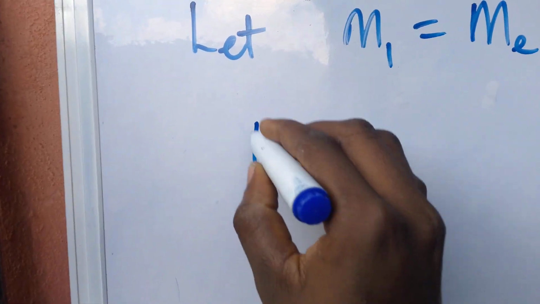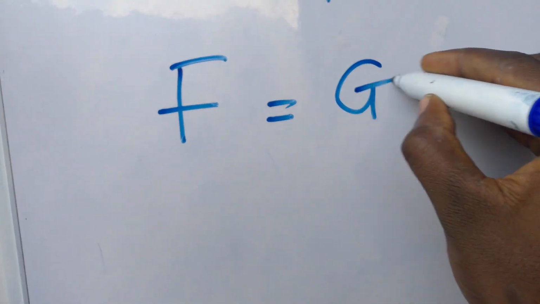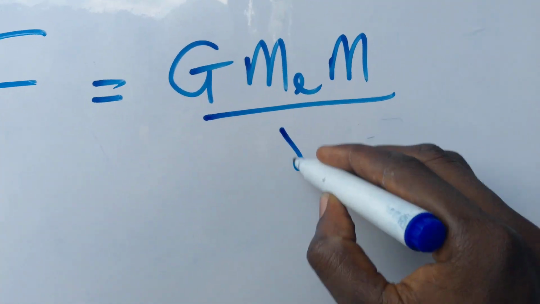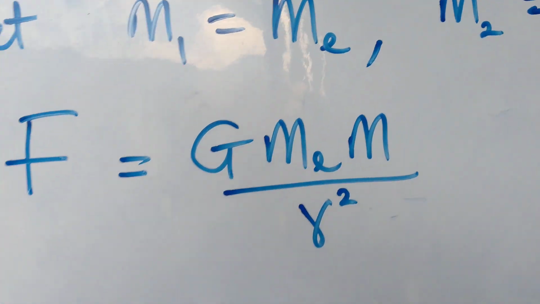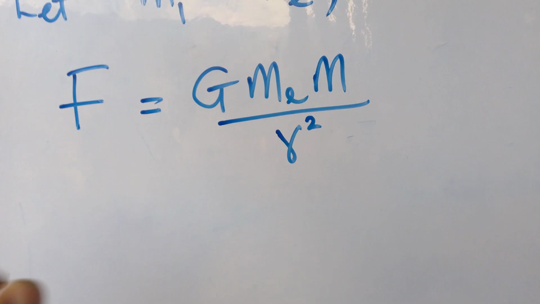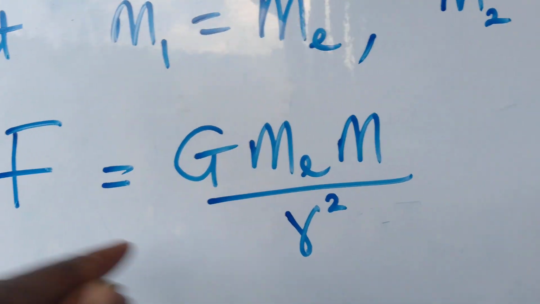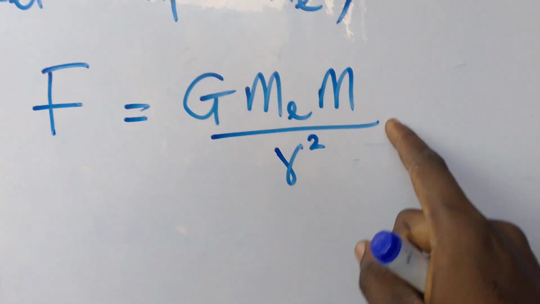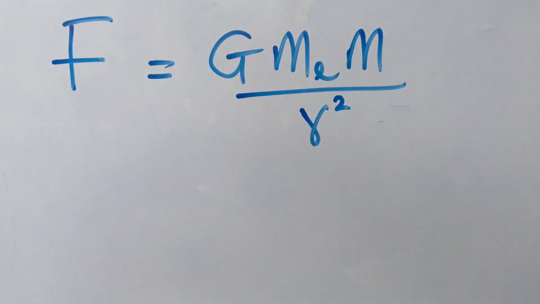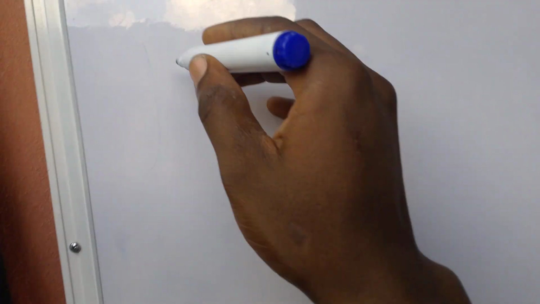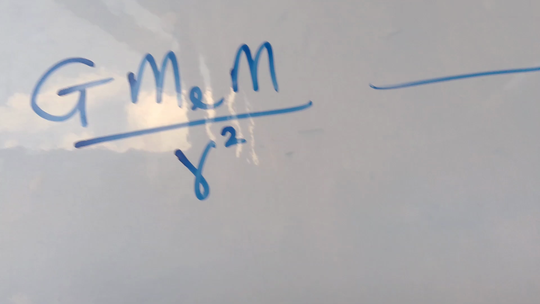The formula now changes to F equals G me m over r square. Alright, so we are having the force as this. G is the gravitational constant, me is the mass of the Earth, m over r square. R is the radius, or distance apart. You can call this equation 1.